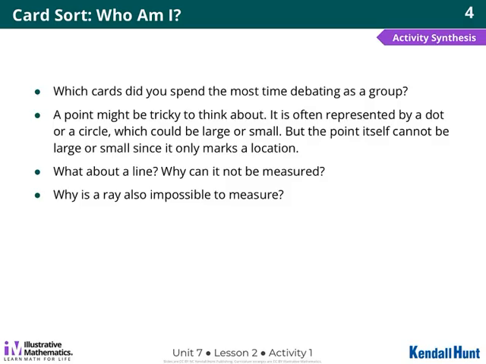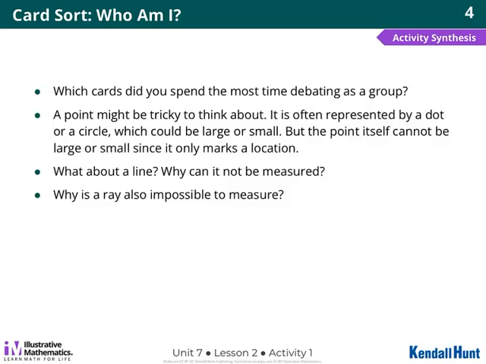Okay, Cade. This one, I have no size, no width, no length, no thickness. Yeah, that one was confusing me too. But we figured out it was the point, because it has no length, and a line will always have a length. Chase. Me and my friend actually argued about it. Okay, good. You guys know your geometry.